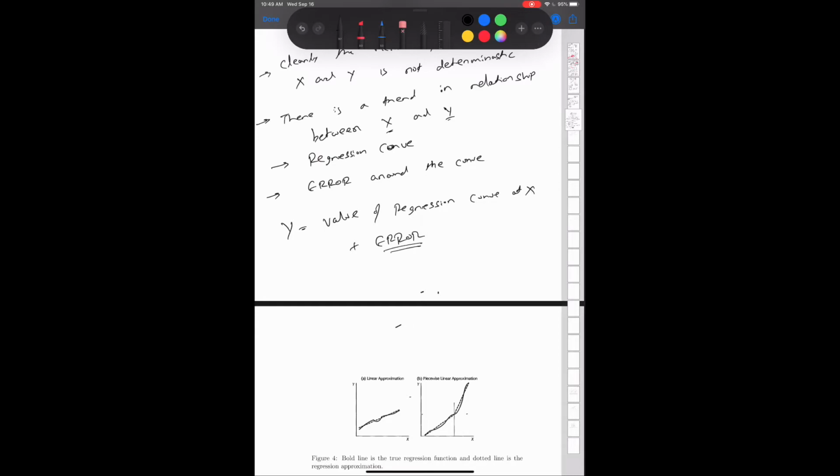That would define the value of y. So this is the deterministic component of the statistical relationship, and this is the random component.